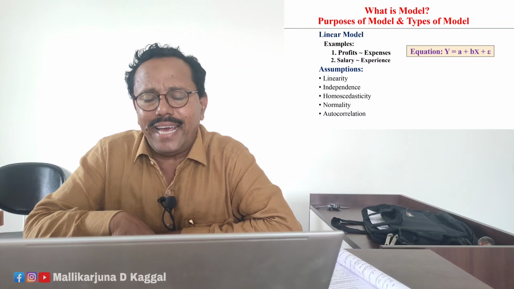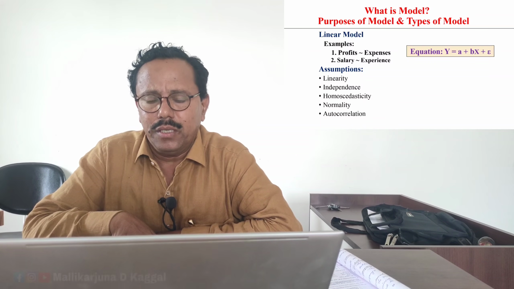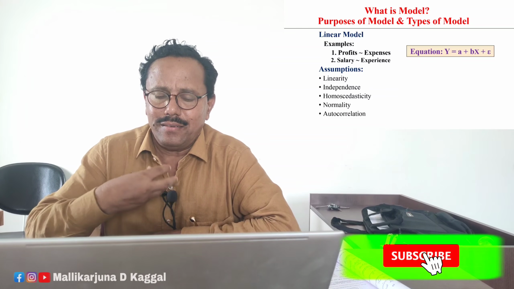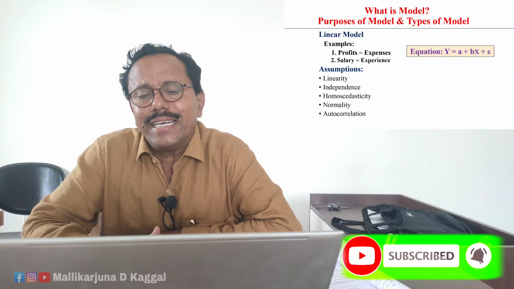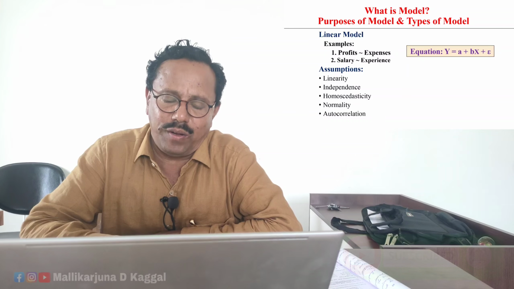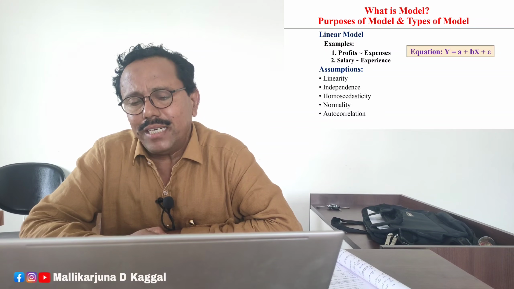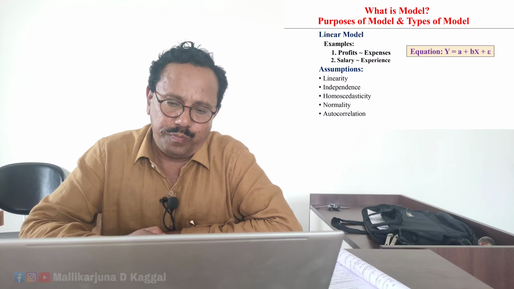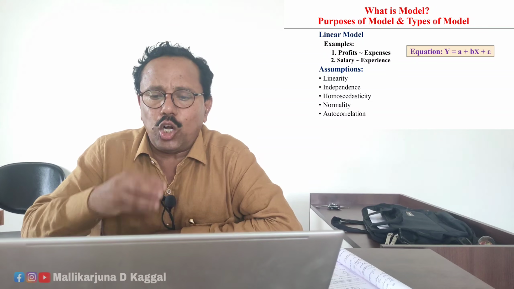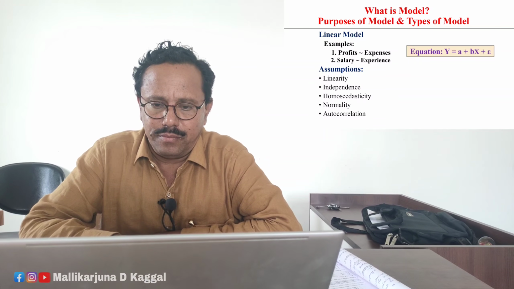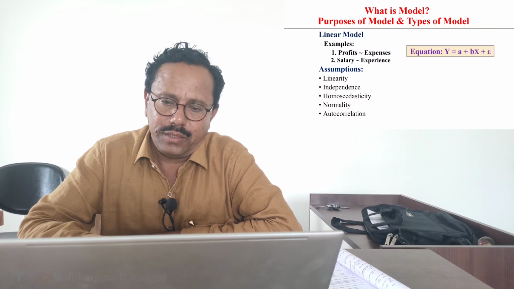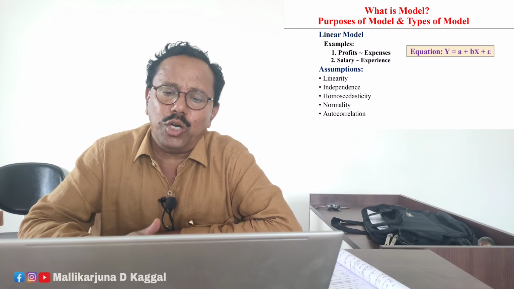Internal we can call alpha, that is called intercept. It is the contribution emerging out of your internal source, that is A, alpha. Next one is beta, that we can also call the slope. Now what is the contribution of x to y? What is the contribution of the x variable to the y variable?